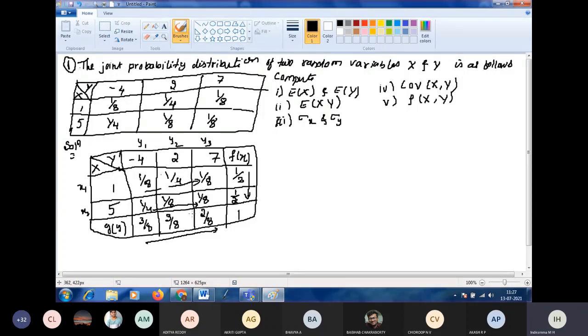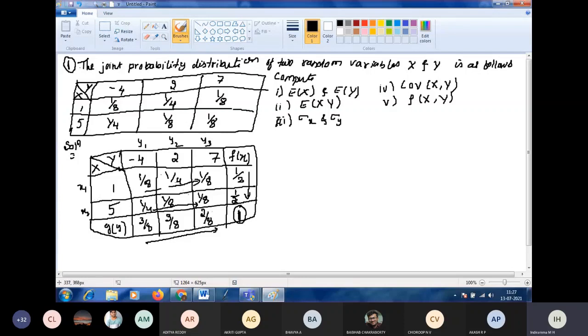What did you get? 8 by 8, right? What is 8 by 8? 1. So it should be equal to 1. The sum of the marginal values should be equal to 1. Okay, this completes our table.